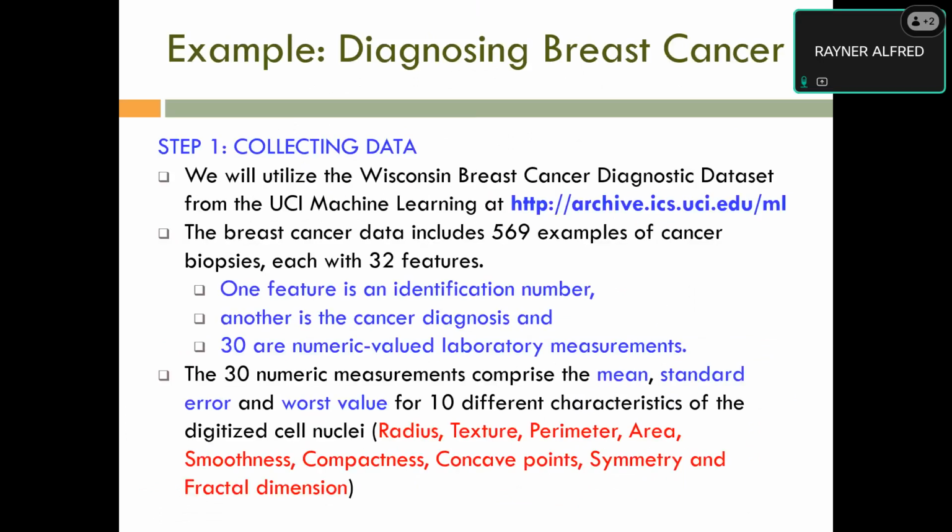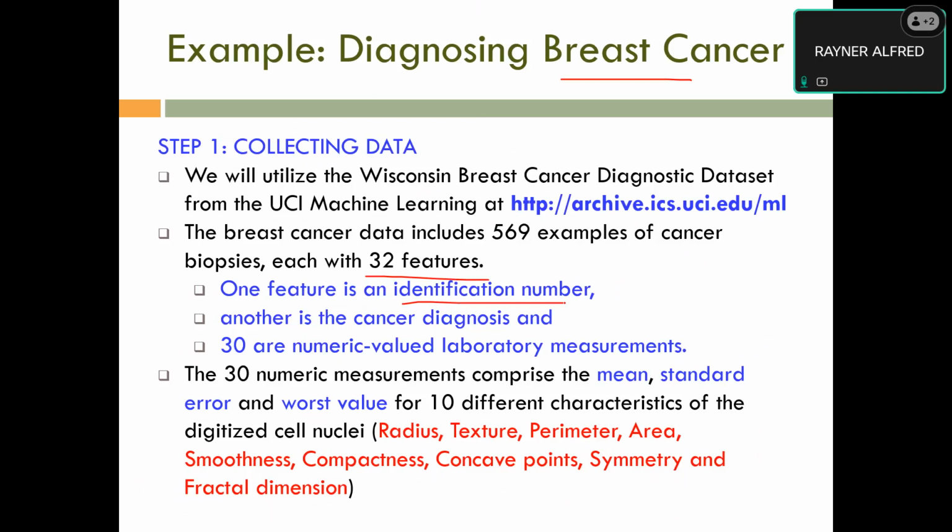Okay, so let's take a look at how we use KNN in order to perform classification. In this example, we are using the breast cancer data. Over here we have 32 features, and one feature is the ID number.